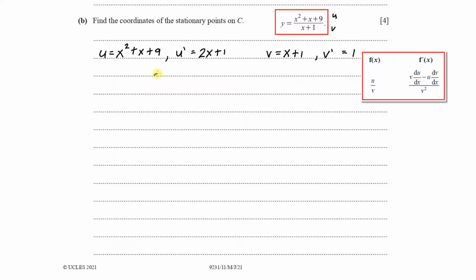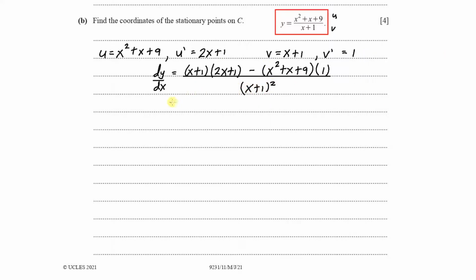So I'll then say, therefore dy/dx is equal to vu' which is (x + 1)(2x + 1), minus uv' which is (x² + x + 9) multiplying 1, all over v squared, which is (x + 1)². So we can simplify here.